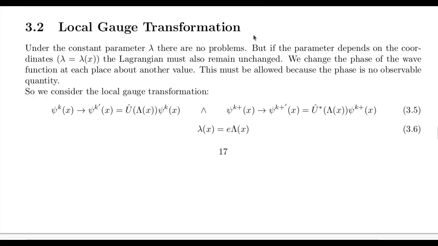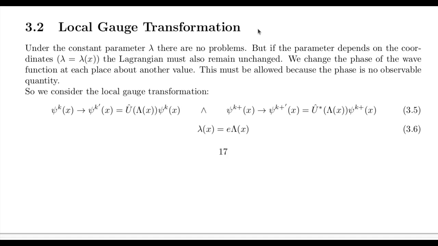But now we consider a local gauge transformation. The parameter lambda in the unitary operator can have different values at different points in the space-time continuum.